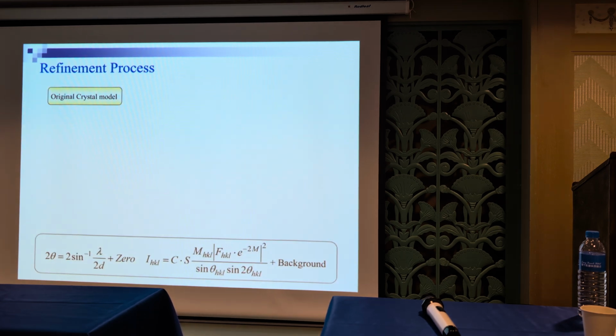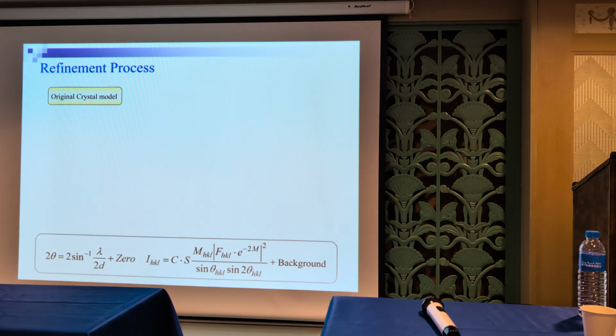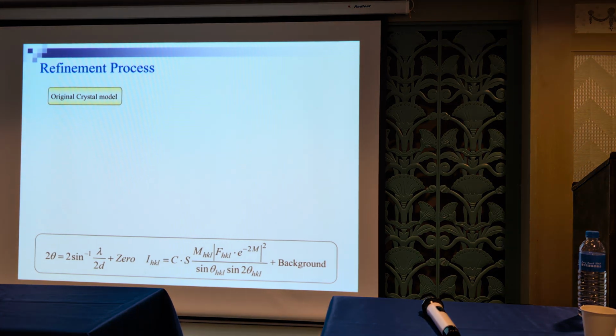Okay, so the typical process for the refinement is that we start from the original crystal models. Typically, we will use the CIF file, which means the crystallographic information file. Those CIF files you can download from a crystal open database. I will show you the link later. So if you have the CIF file, you can refine the background and the scale factor from your diffraction pattern.